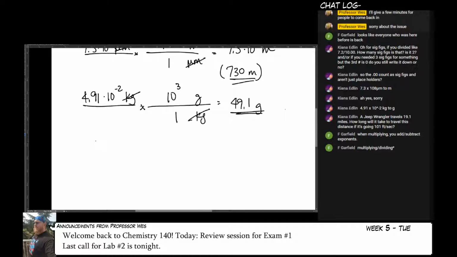So let's see here. So if I'm traveling 19.1 miles... Oops, I lost my decimal point there. And I'm going 101 feet per second. How long will it take to travel that distance?